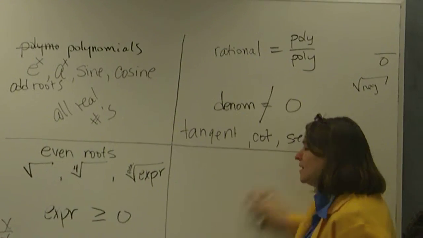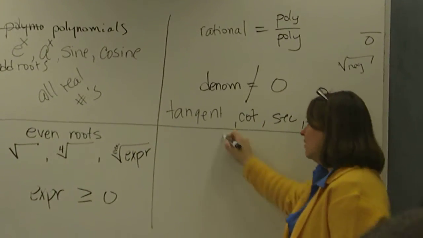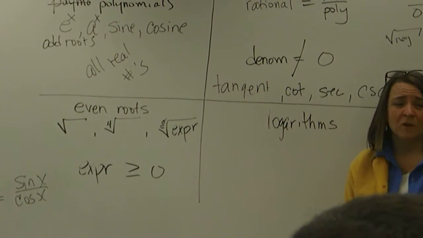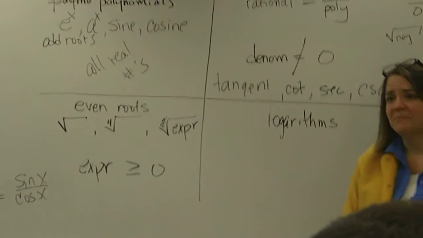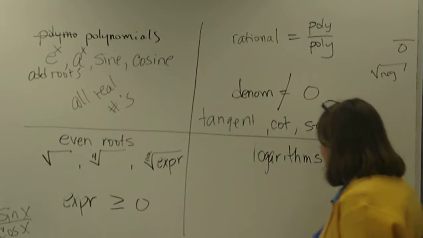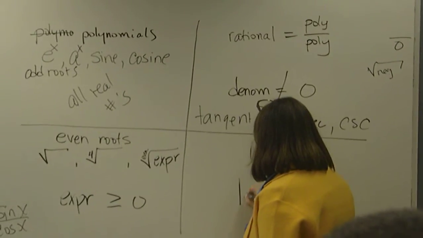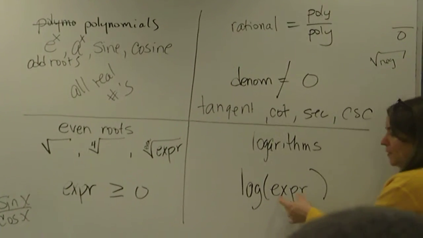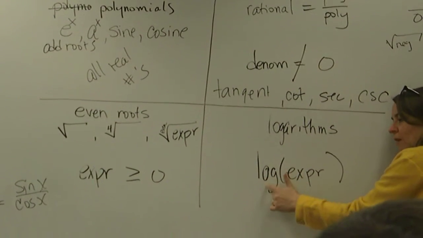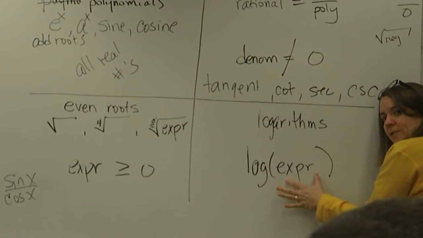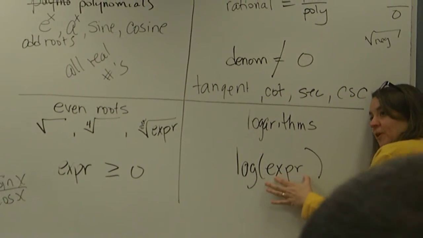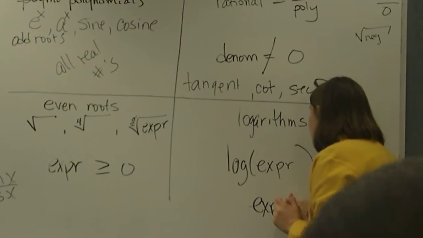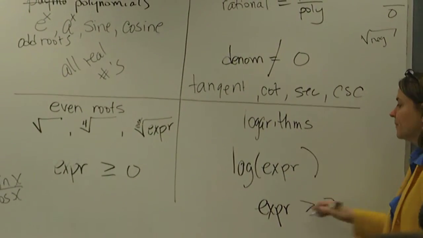And just quickly, this other category is kind of a catch-all. Logarithms work a little bit differently than all three. Just a reminder, if you have a logarithm applied to any expression, that expression has to be strictly positive.